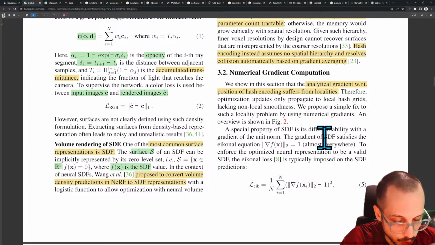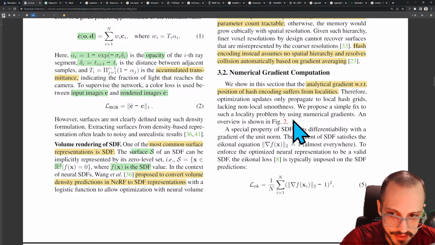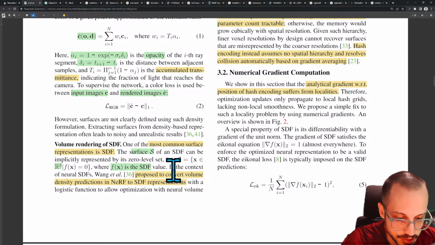And why is that important? Because in order to use the process of gradient descent, which is basically the cornerstone of all machine learning, you need to have functions that are differentiable. So obviously SDF, which is something that people have been using in other learning-based approaches, is going to be differentiable.